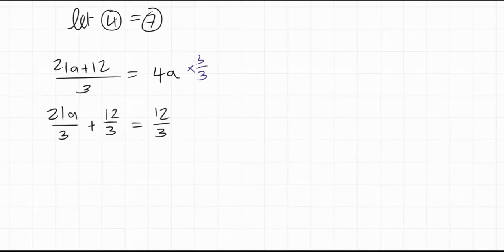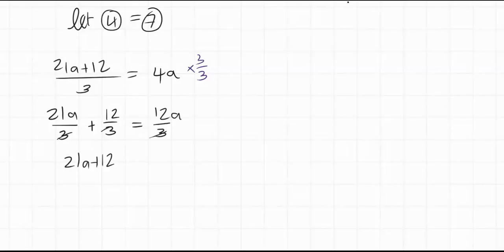Right, drop the denominators, get 21A plus 12 is 4 times 3 over 3. Why didn't this work?